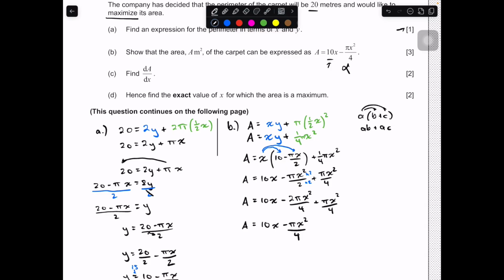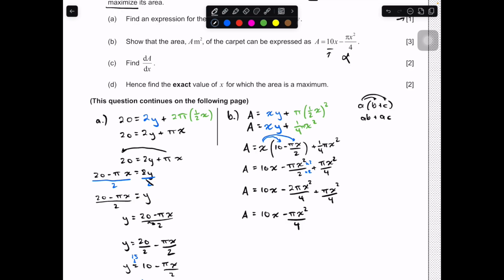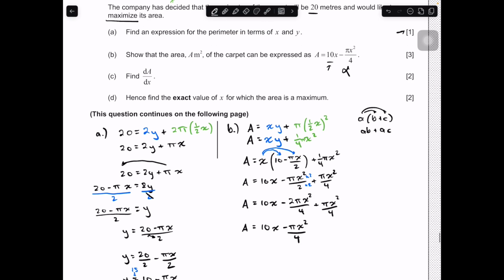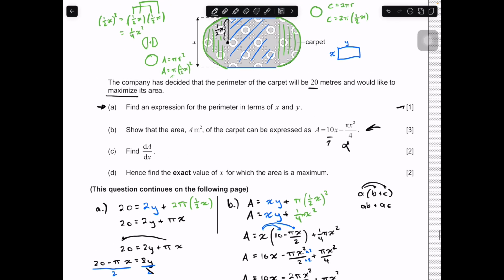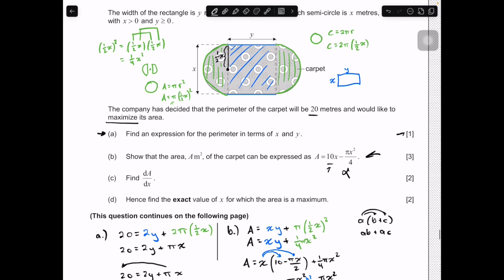Okay, last two questions. To be honest, I was looking at this question earlier, and I think that sometimes, especially on paper 2, we can look for entry points. This question is kind of bizarre, and this is the most complex of the subsections here. But for this one, find the perimeter. Perimeter is just equal to 20, and it's given by 2 y's and then this curved surface.